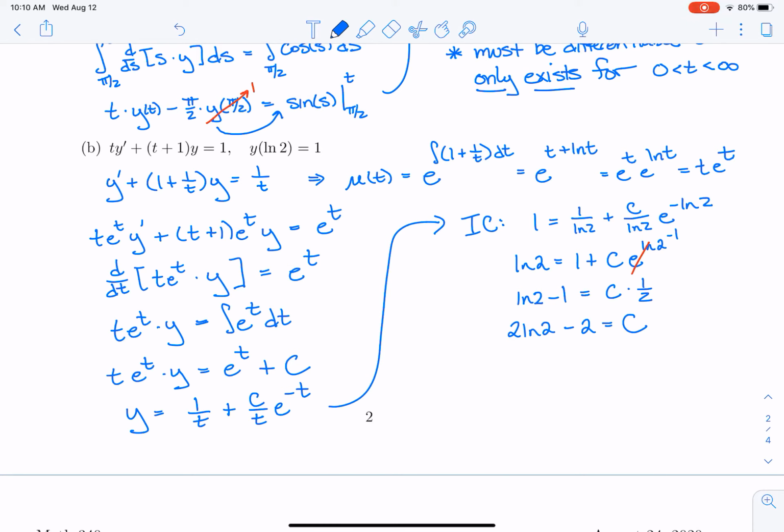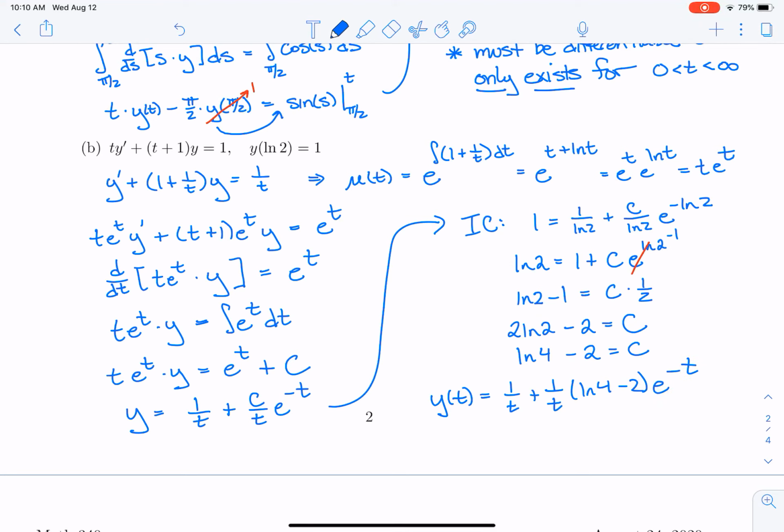Another way to write that is natural log of 4 minus 2, if you like. Okay, so what is y of t going to be in this case? y of t is going to be 1 over t plus 1 over t times c, which is natural log 4 minus 2, and then times e to the minus t.